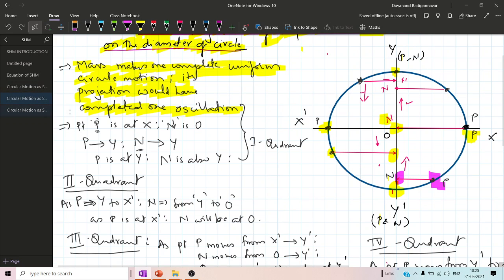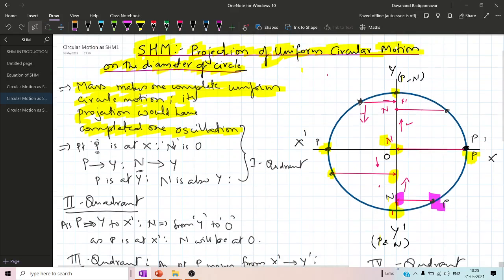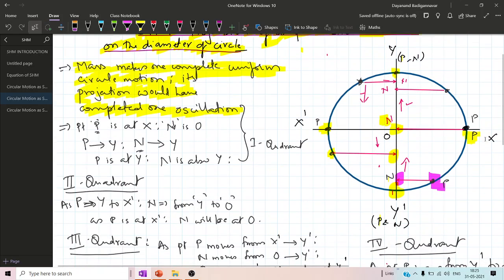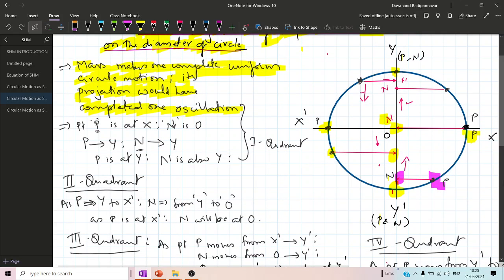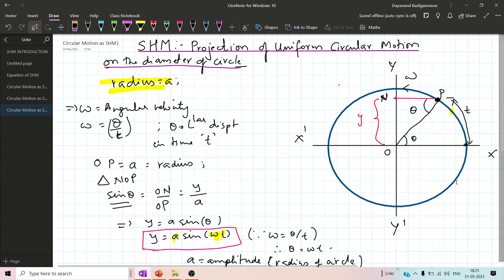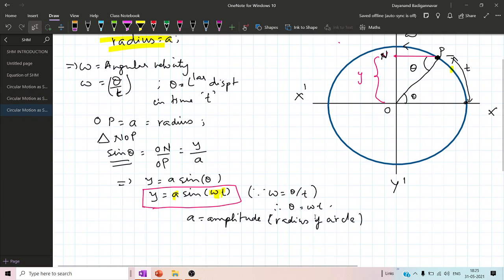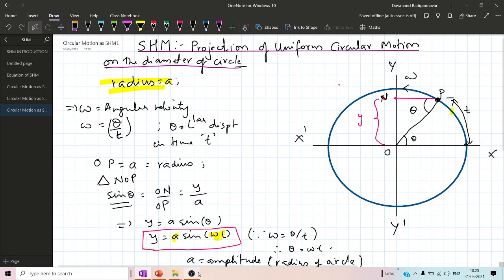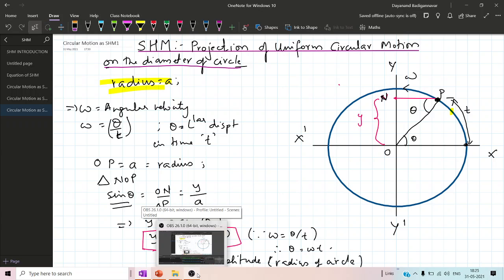So this gives a better idea: the projection of a uniform circular motion on the diameter, and the expression for the displacement. Of course, this is not a part of the VTU physics syllabus.